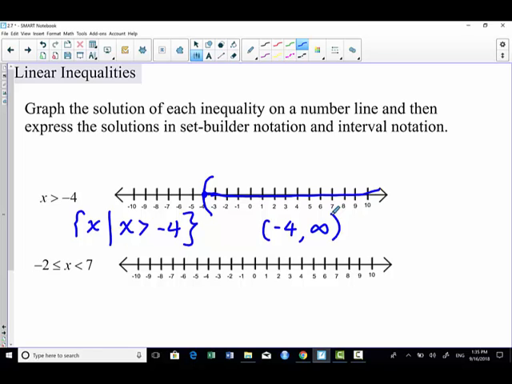So next example, negative 2 less than or equal to x less than 7. To graph this, first you need to find negative 2 and 7 on the graph.